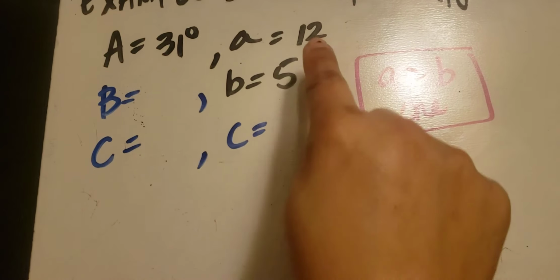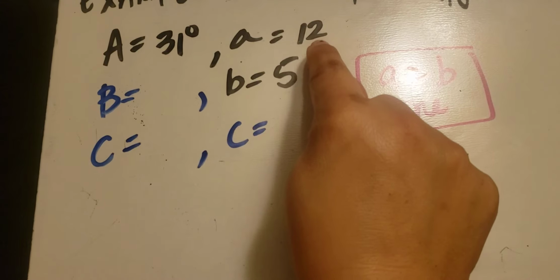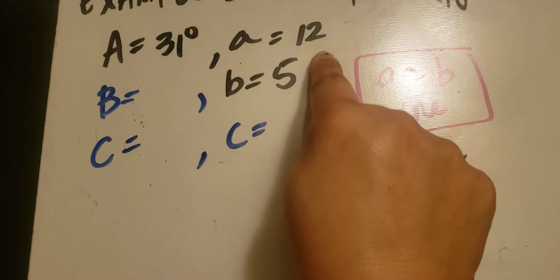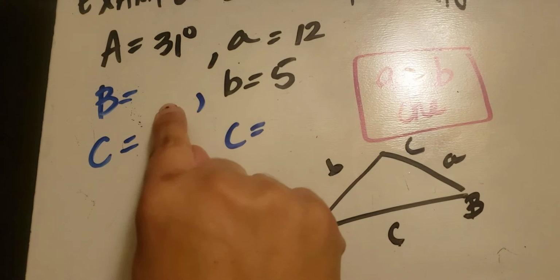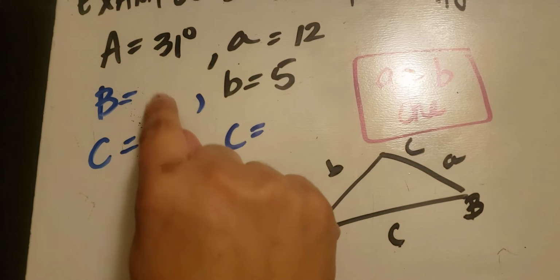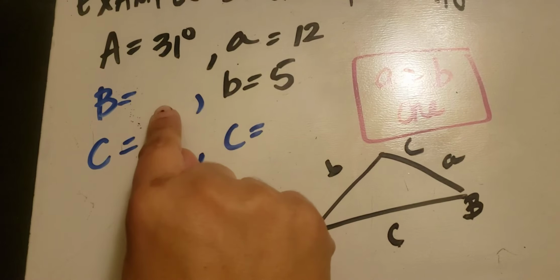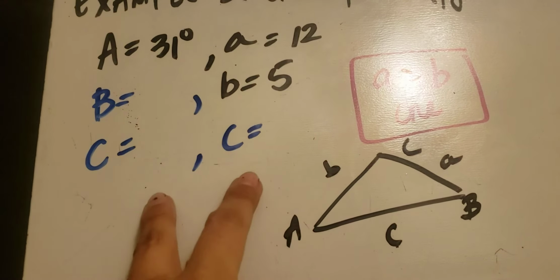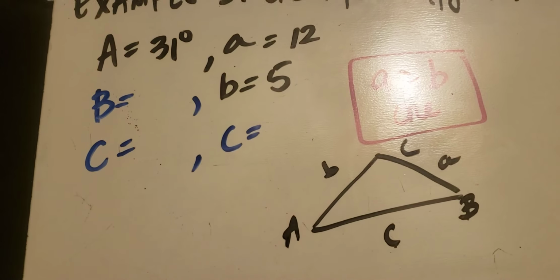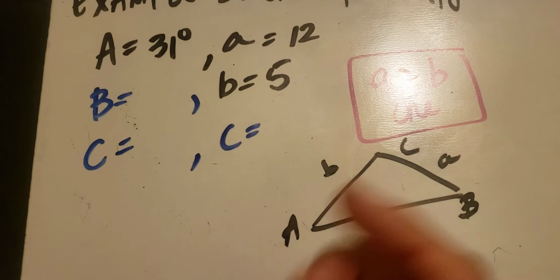Since I'm given angle A and side A, and I'm given side B but not angle B, angle B would be the easiest to find first. Because these two have to work together, and then I would have two unknowns. So scratch that, like I said, I spoke too soon.